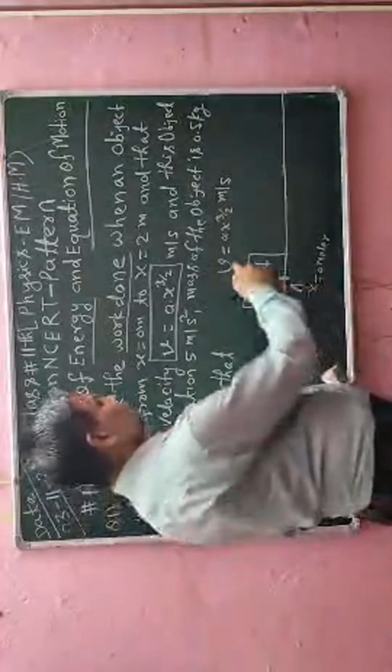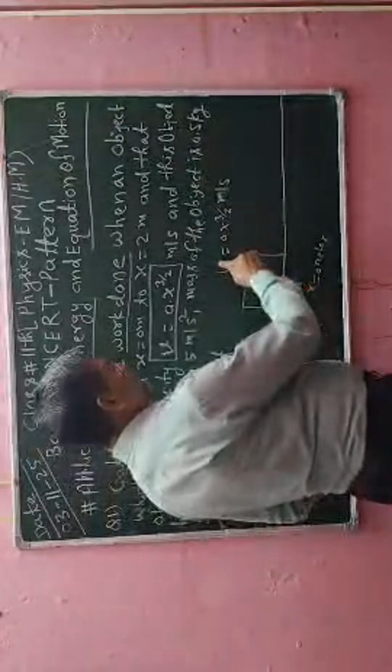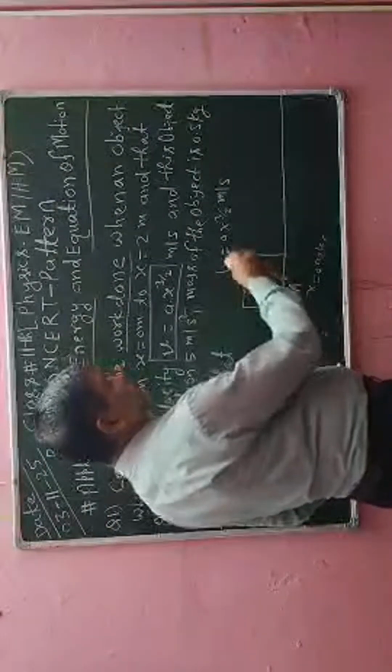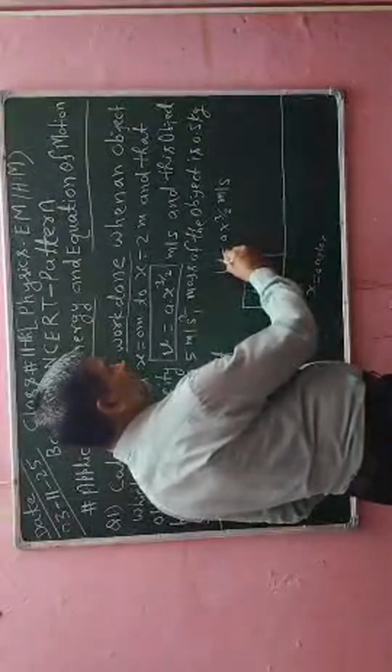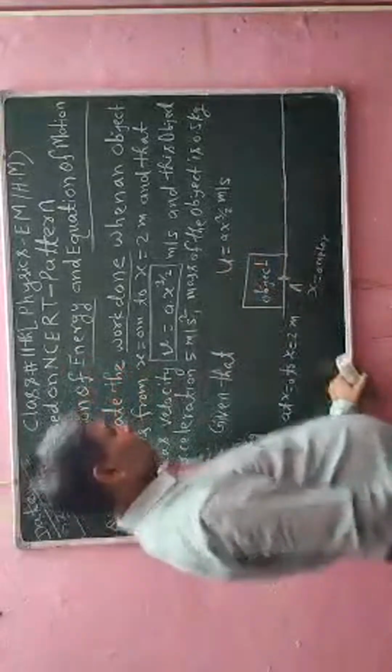Now with this velocity, that object is moving, and I can say that this is the initial velocity. I have to write here U. It is moving.